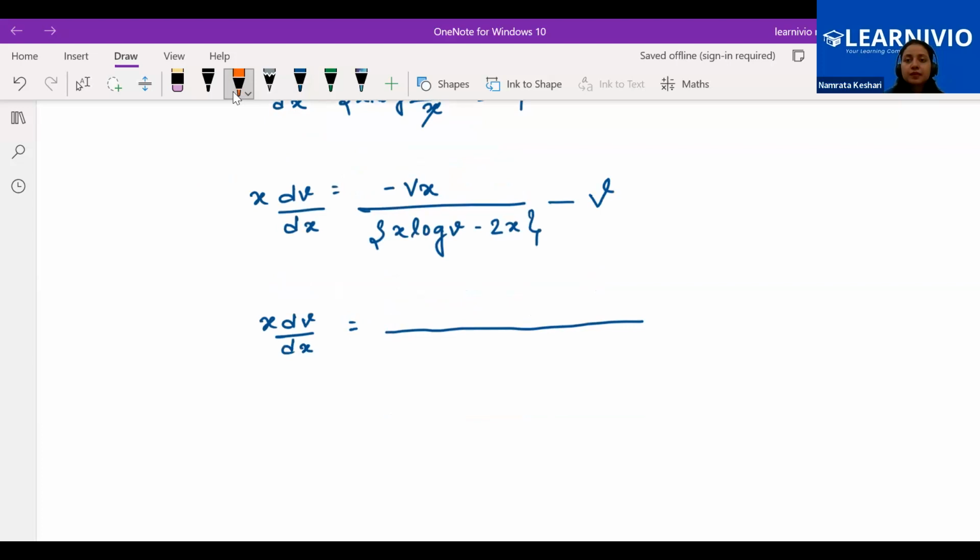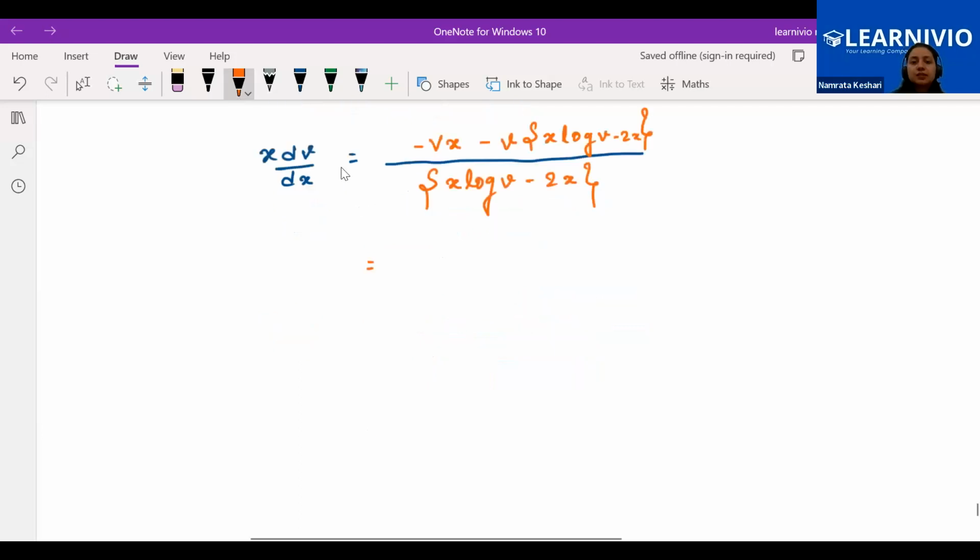The LCM will be x log v minus 2, and here we'll be having minus vx minus v in brackets, x log v minus 2. Let's open the bracket.